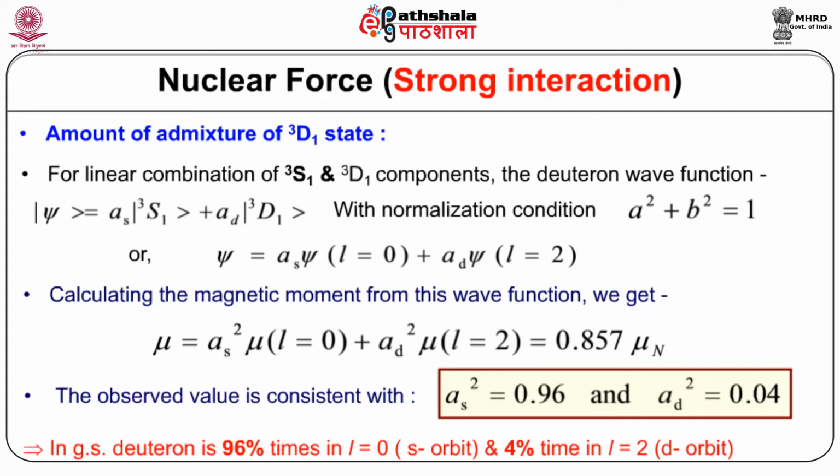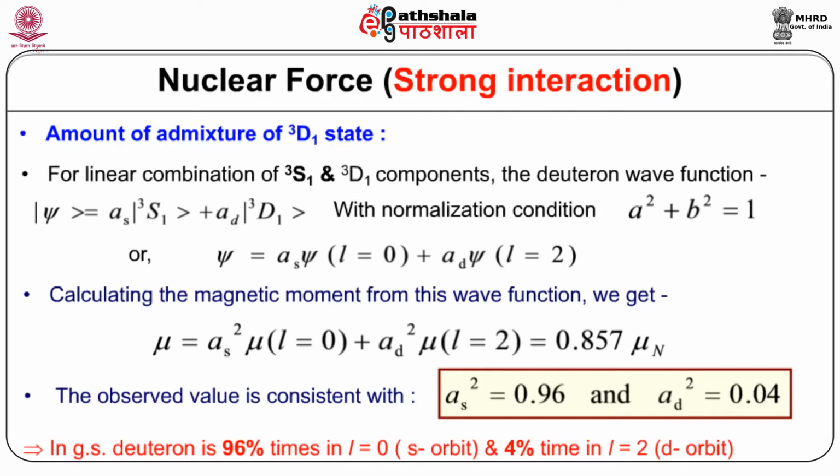That is the amount of admixture of 3d1 state for a linear combination of 3s1 and 3d1 components. The 3s1 component is because of the L is equal to 0 contribution, and the 3d1 component is due to the L is equal to 2 contribution. So for a linear combination of 3s1 and 3d1 components, the neutron wave function is given by psi is equal to a psi(3s1) plus b psi(3d1), with the normalization condition that a square plus b square is equal to 1.